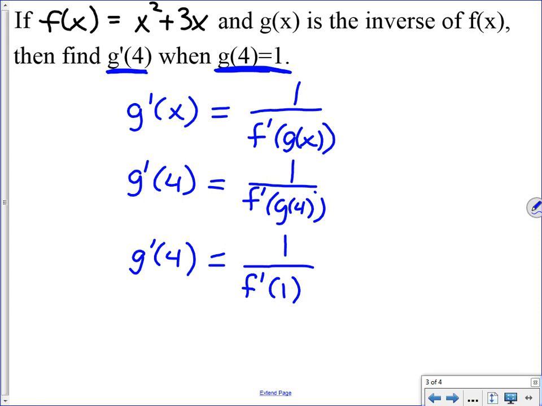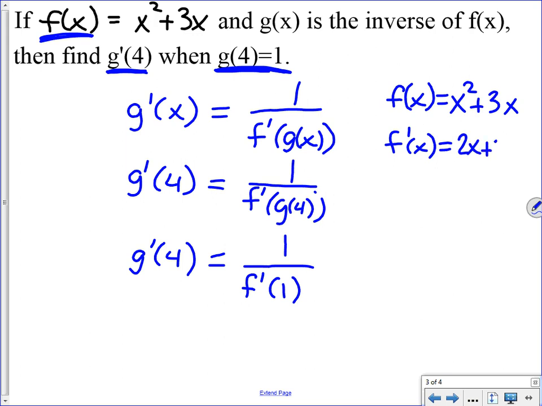We've got a little work to do though, because we're not given f prime, we're given f. But that's okay. If we know what f is, we can find f prime by finding the derivative. So f prime of x would equal 2x plus 3 using the power rule.